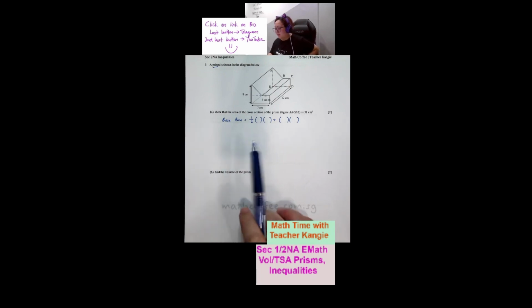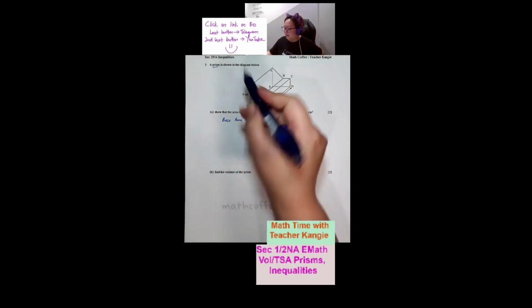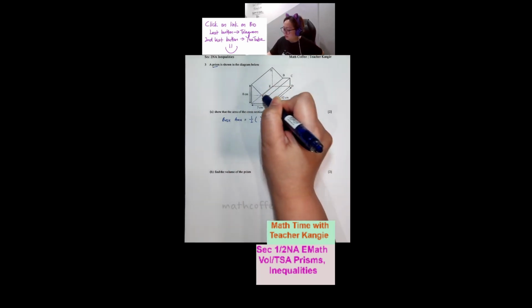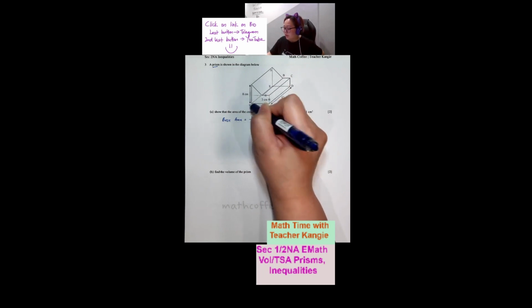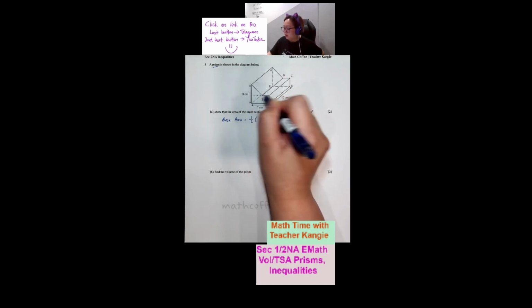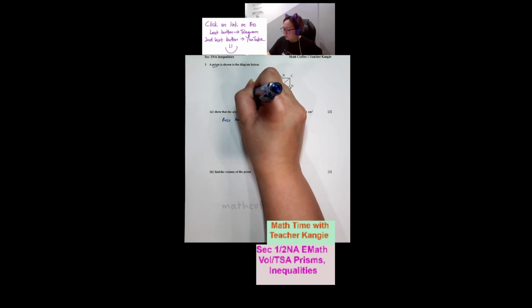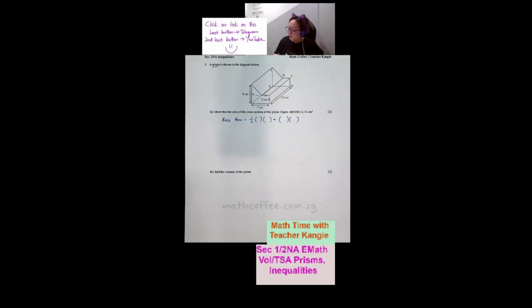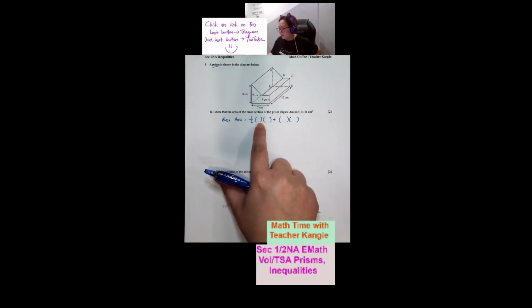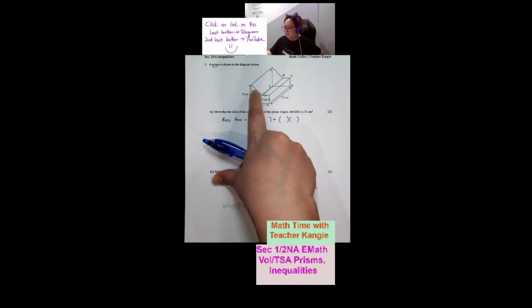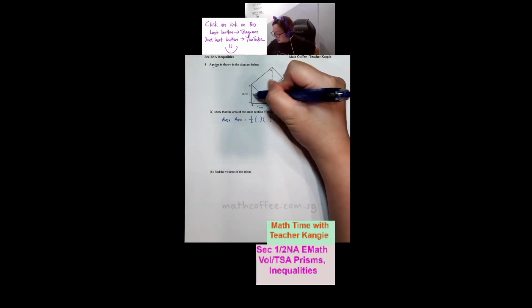We are talking about this cross-sectional area. So this funny shape, I have cut it into a triangle as well as a rectangle. So this is a right angle. What is the base of the triangle? What is the height of the triangle? The triangle is here. So yeah, the triangle is this one.